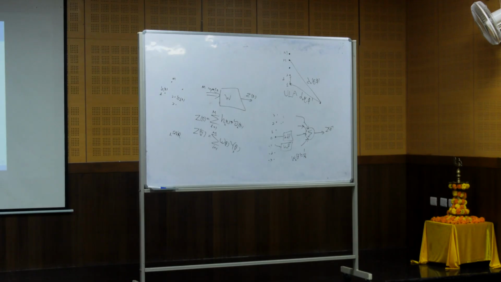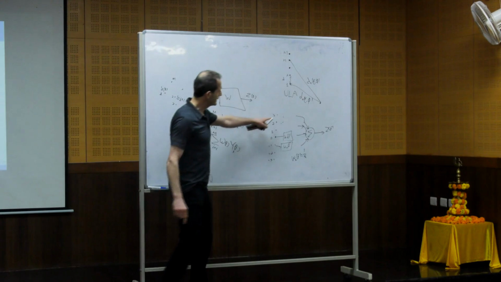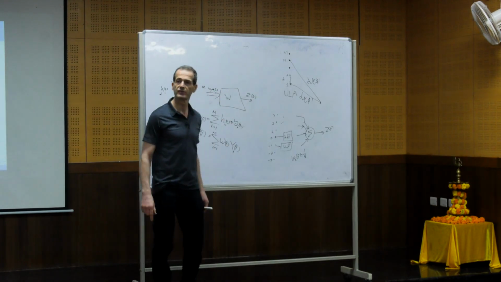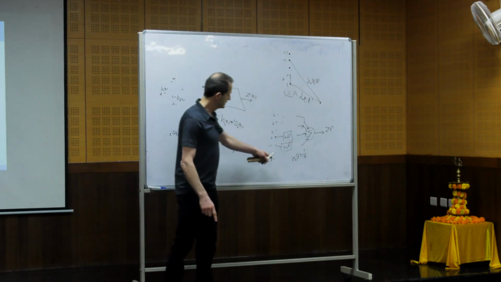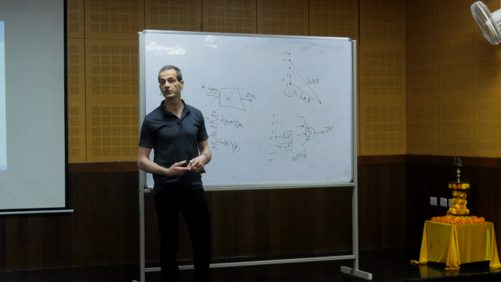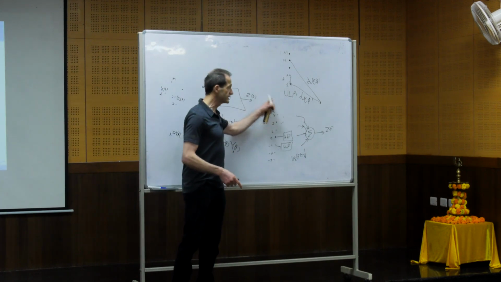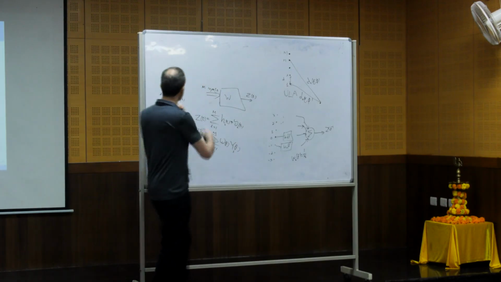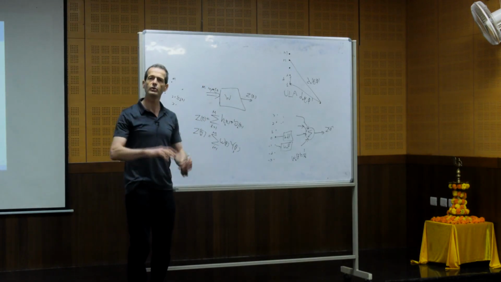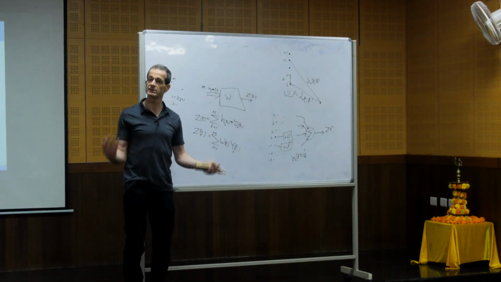But not only that. When I design beamformers, I can ask myself, maybe I can also change the location of the sensors. So I can change the number of sensors. I can change their location. It doesn't have to be on a line. I can change it to be anywhere. How do I design a sensor array?